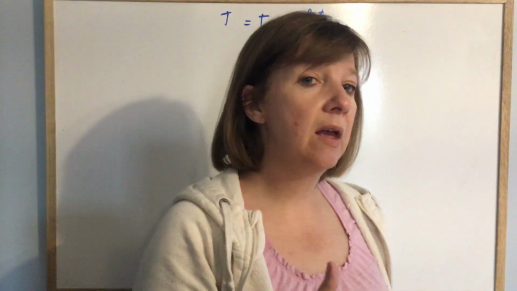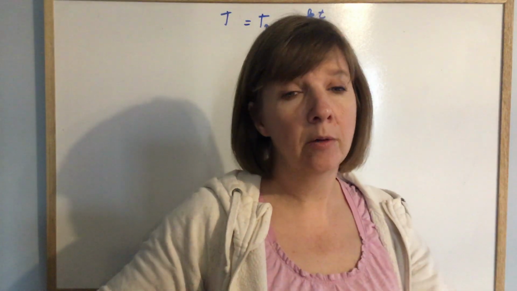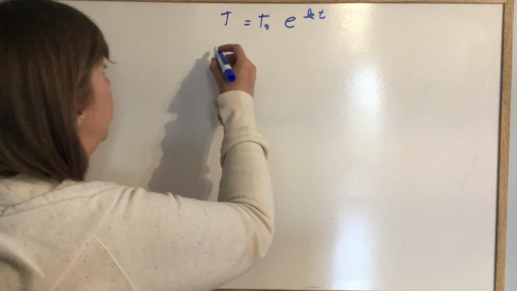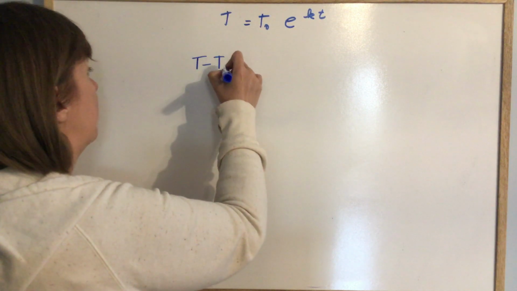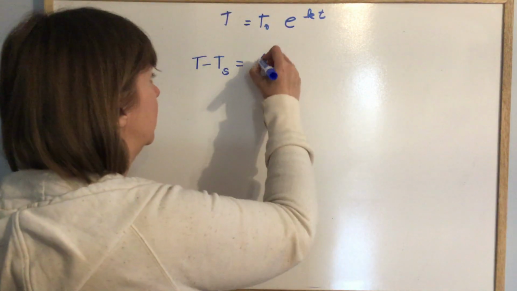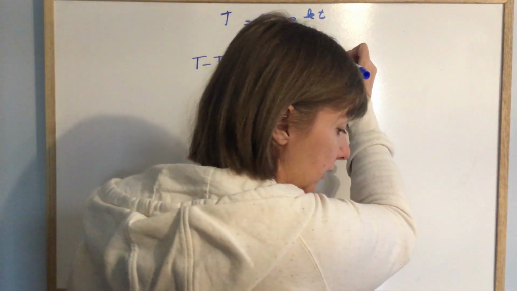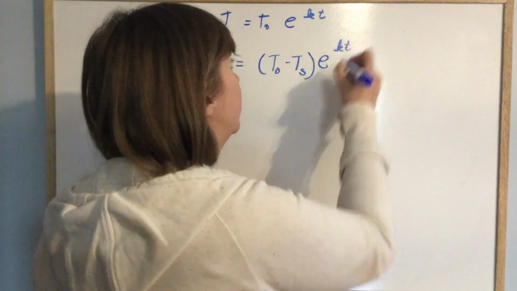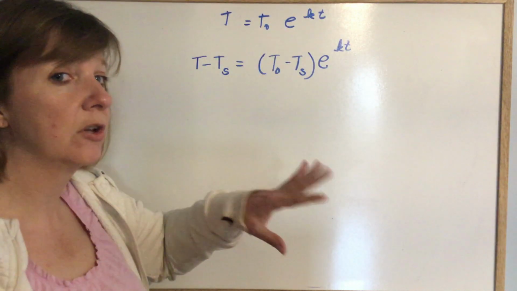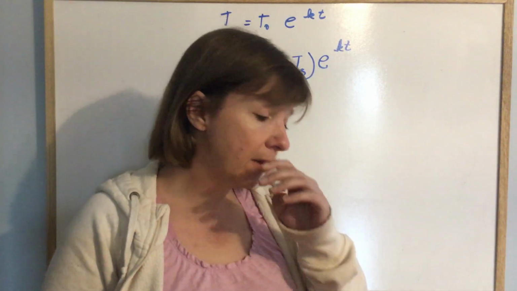But because Newton said it has to do with the difference between the temperature of the object you're observing and the temperature of its surroundings, then it's really temperature minus the surrounding temperature is equal to the original temperature minus the surrounding temperature, e to the k times t. People freak out because this looks more complicated, but the only difference really is that to both of these, you are subtracting your surrounding temperatures.